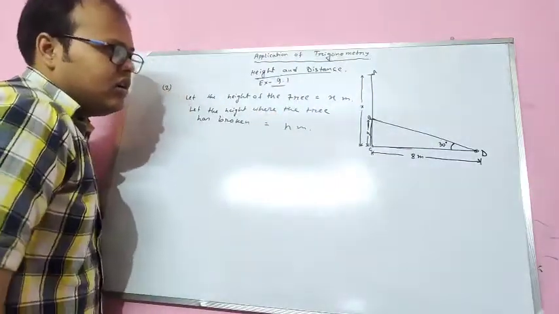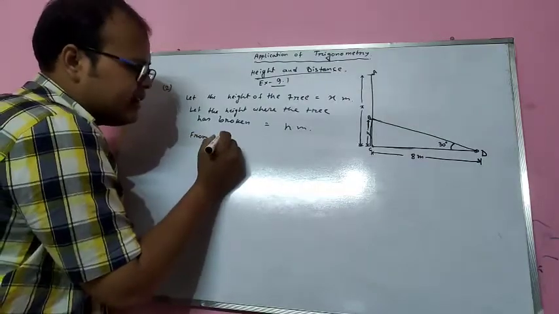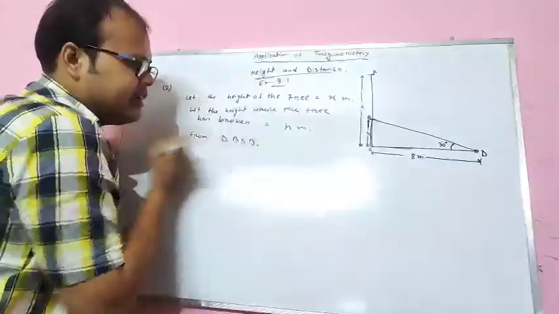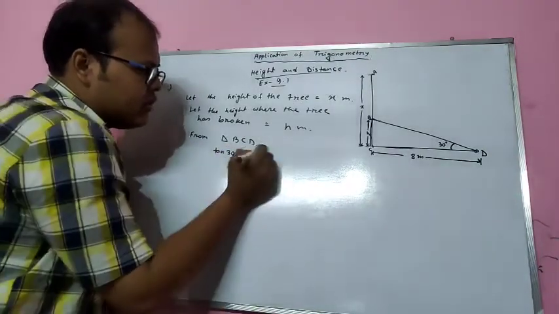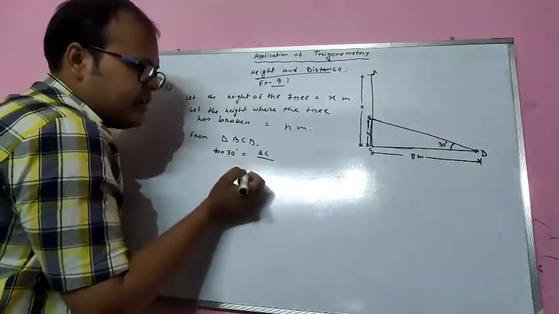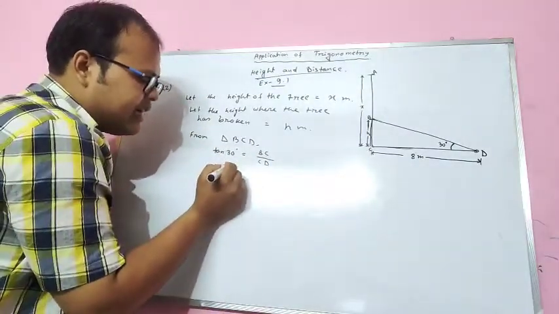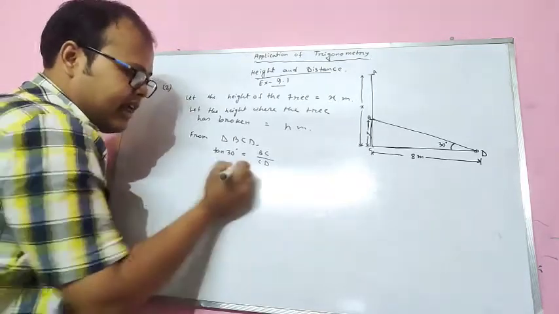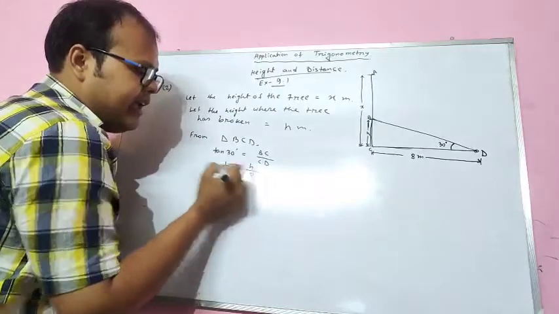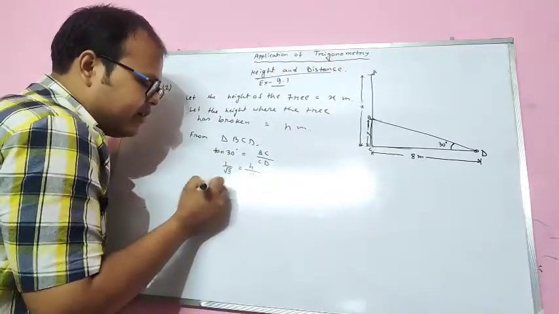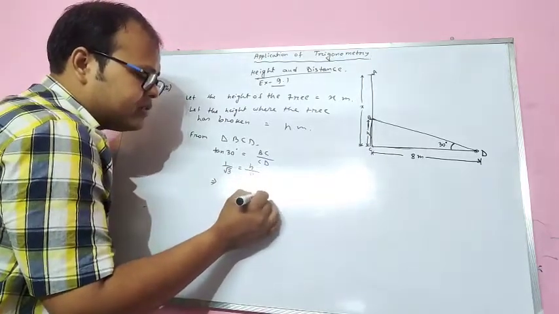From the right angle triangle BCD, tan 30 degree equals height, which is BC, by base, which is CD. The value of tan 30 is 1 by root 3, which equals BC, that is h by 8. So from here, h is equal to 8 by root 3.